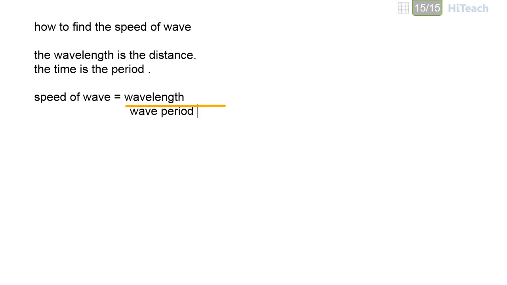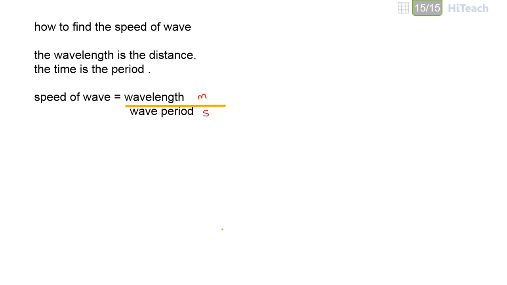So this formula represents how to find the wave speed. For sure, don't forget the unit: wavelength in meter. The wave period in second is given. Don't forget the units for each.